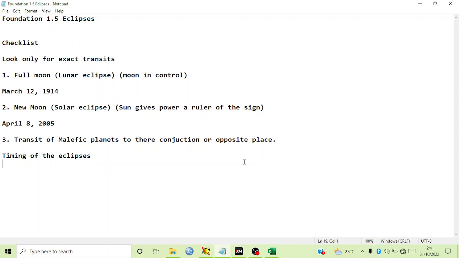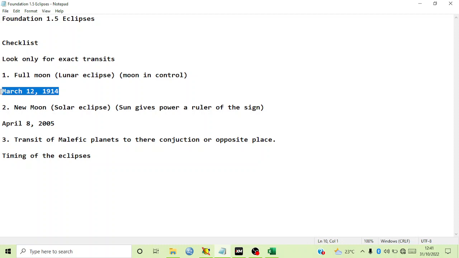However, what we need to always remember is that the moon, in this case, since it's an eclipse, the moon itself is the one that's going to be able to tell us whether it's going to cause a buy or a sell in the market. And then I'm going to give an example of March 12, 1914.